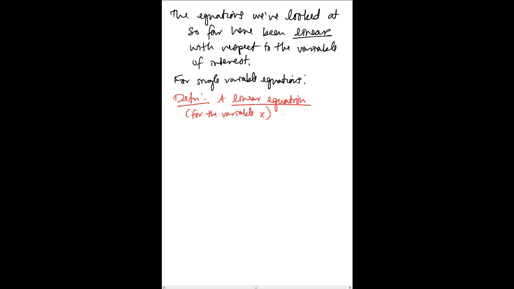Is an equation that can be put into the form ax plus b equals 0 for some constants a and b, where a does not equal 0.